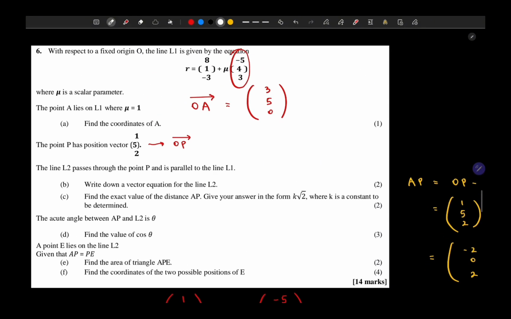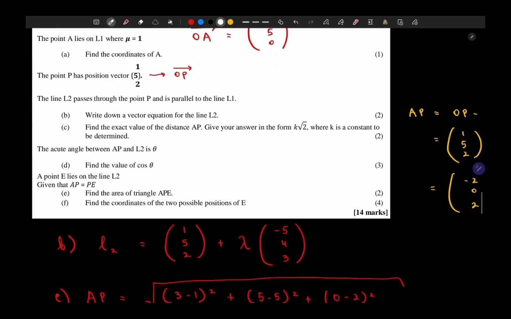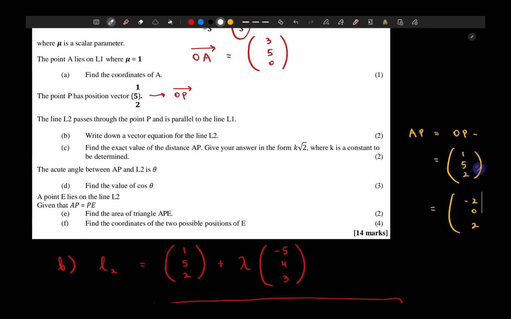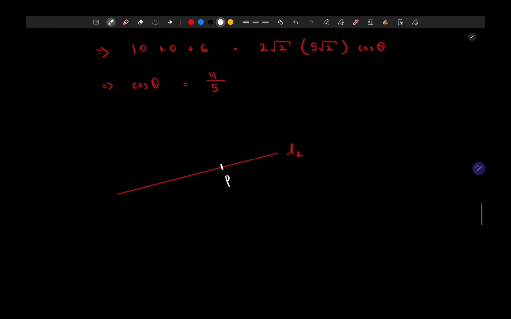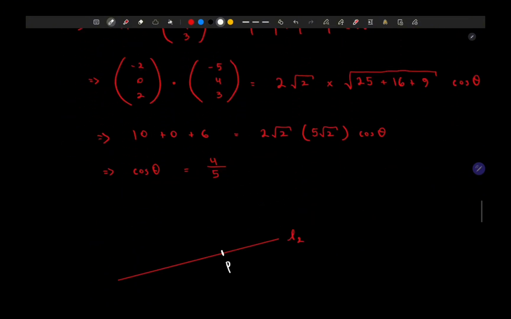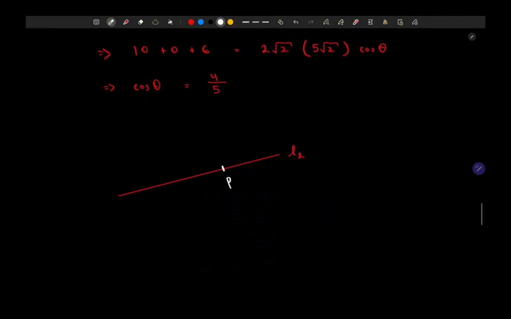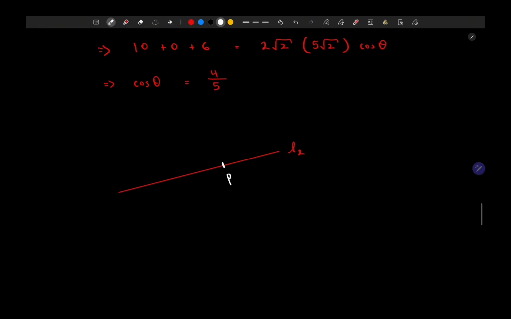Point A lies on L1. Right. Point P lies on L2. So let's assume that this is point P and this is point E. So this is point P, and this is point A.